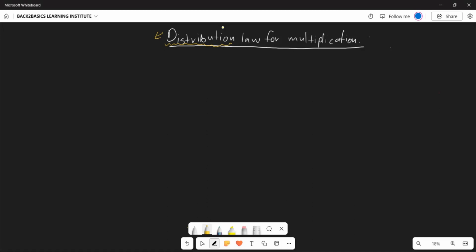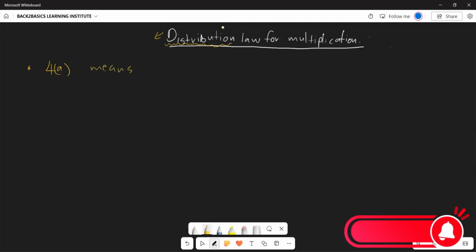For example, one thing you need to take note of is that if you have 4 into a, this means 4 multiplied by a.